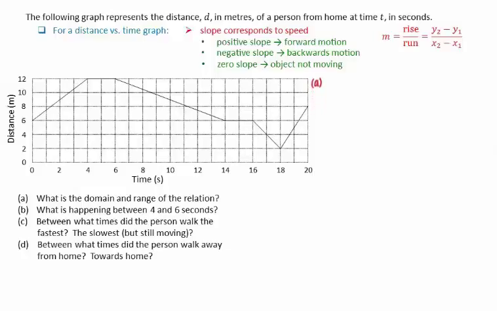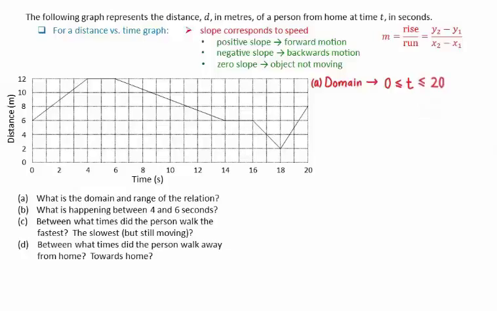For question A, what is the domain and range of the relation? Recall that the domain corresponds to the possible values for the independent variable, in this case, the time. Note that the time cannot be negative, so we have 0 ≤ t.